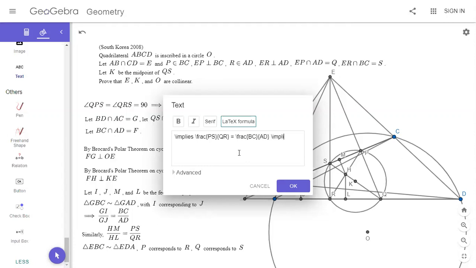And that means that GI over GJ equals HM over HL, which means that F, G, and H are collinear.